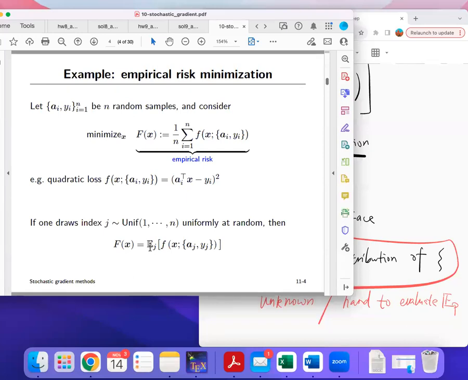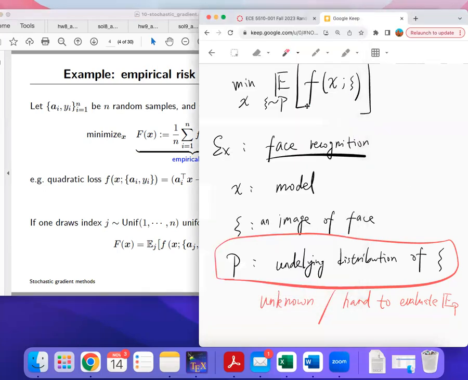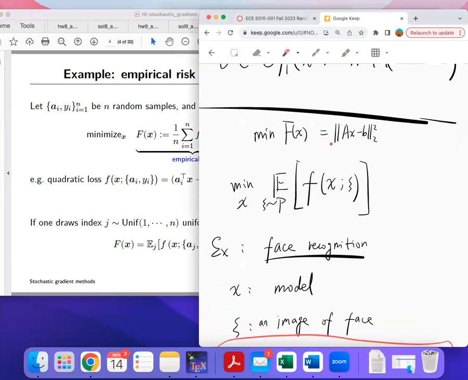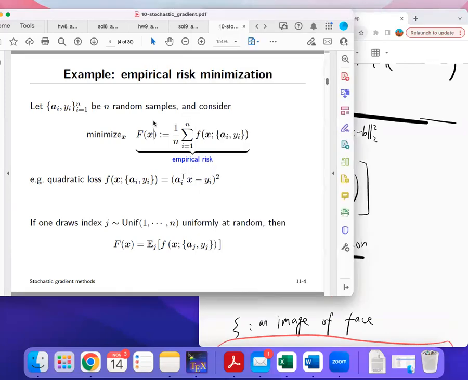Yeah, and there are some other examples, like even the least mean square problem that we talked about. This problem can be written in terms of a stochastic problem.